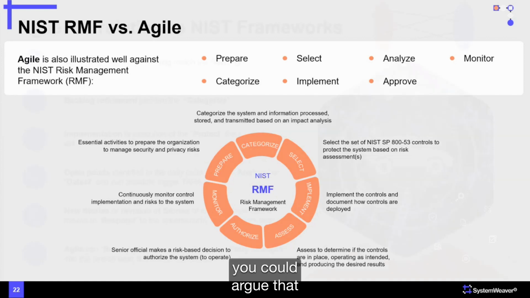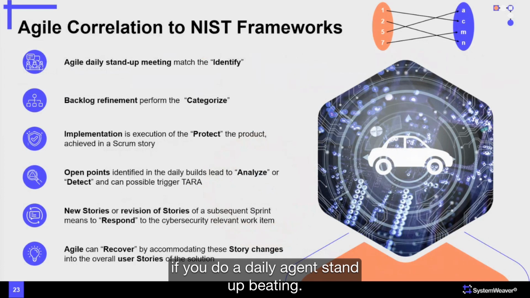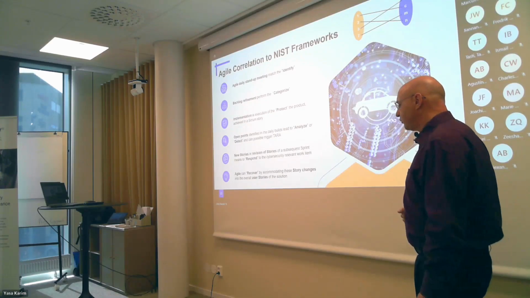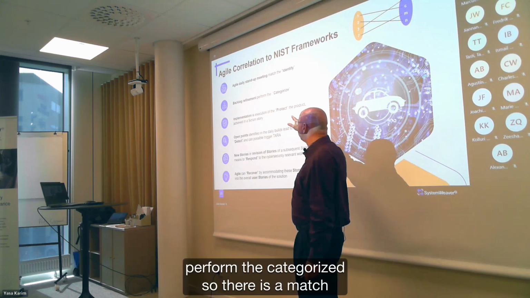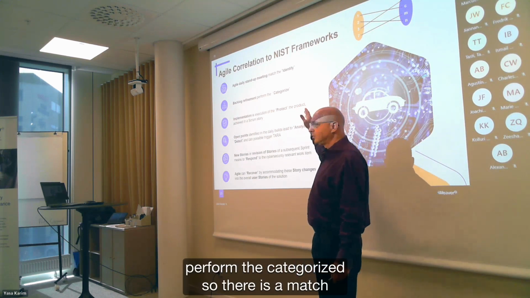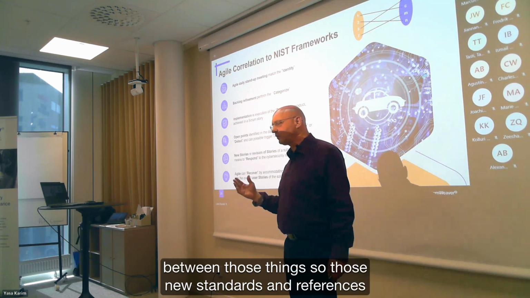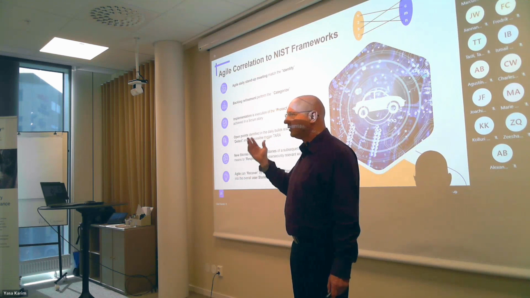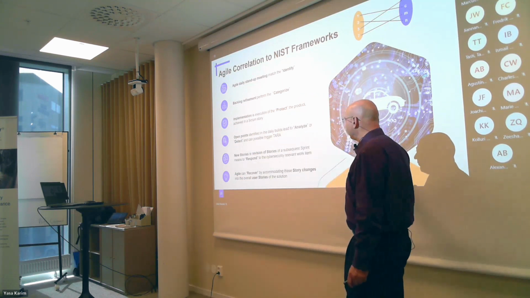So you could argue that if you do a daily Agile stand-up meeting, this means identify in the NIST vocabulary. And if you do a backlog refinement, this performs the categorize. So there is a match between those things. So those new standards and references do think better Agile than the old versions. So there is a match between those two.